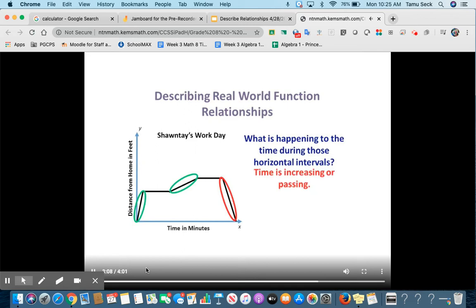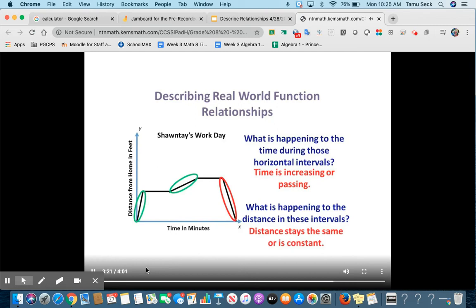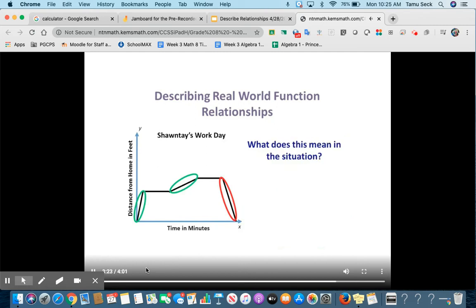Time is increasing or passing. What is happening to the distance in these intervals? The distance stays the same or is constant. What does this mean in the situation? It means that Shantae remained at the same place for a period of time during her day.